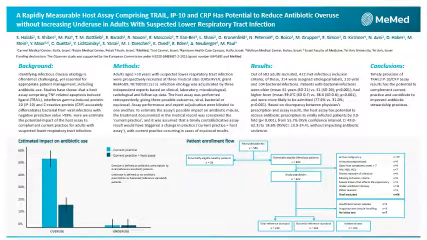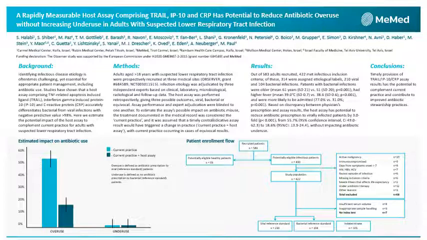So for the Observer study, adults aged over 18 years with suspected LRTI infection were prospectively recruited at the 3 medical sites that I mentioned at the beginning. Infection etiology was adjudicated by 3 independent experts based on clinical, laboratory, microbiological, radiological, and follow-up data.